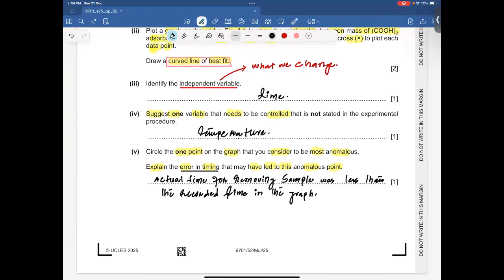Also, you can write another aspect: more adsorption has occurred than it should have at that time.